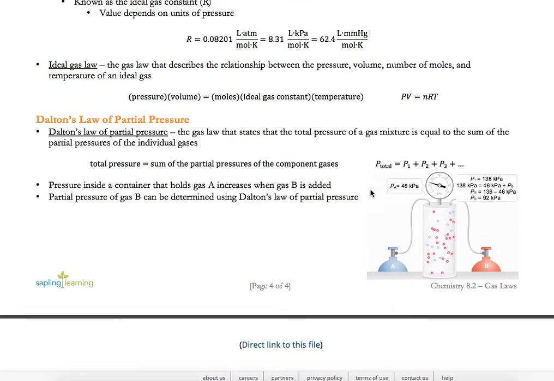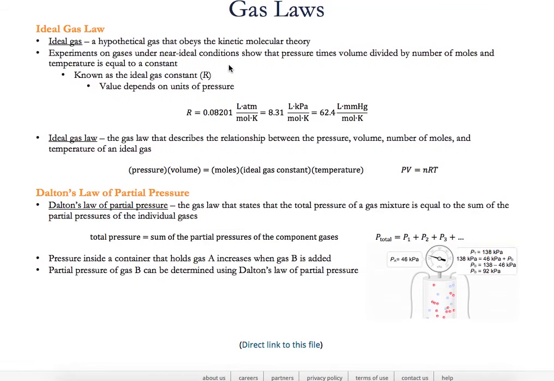And then the last gas law that we're covering in this unit is the ideal gas law. The ideal gas law starts out with the premise that we're more or less pretending that the gases in this situation are perfect. They obey the kinetic molecular theory perfectly.